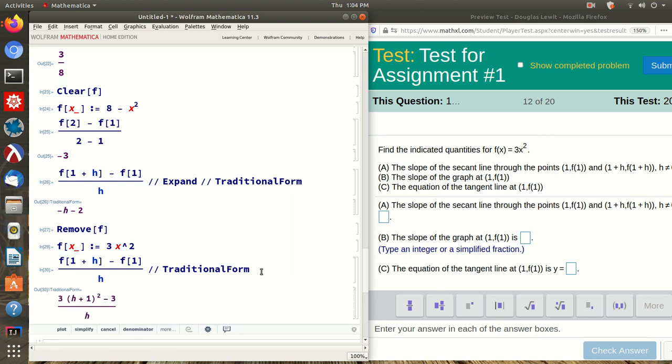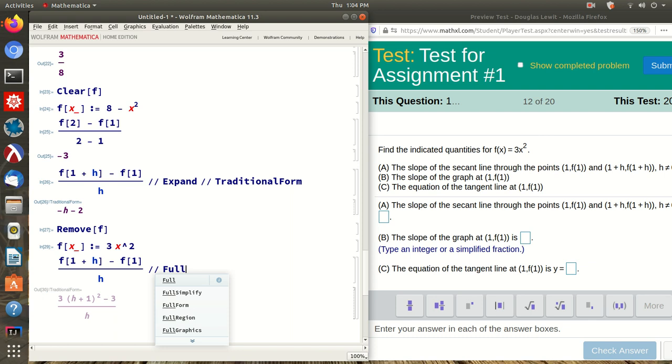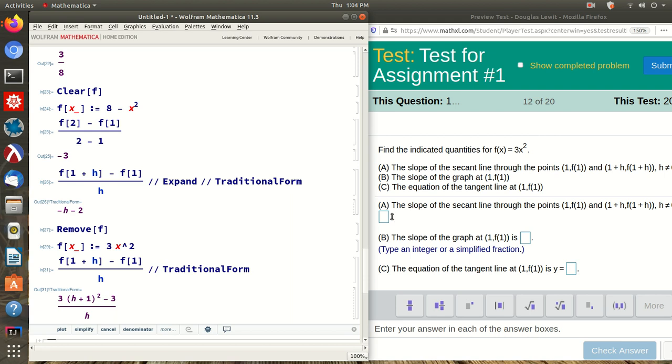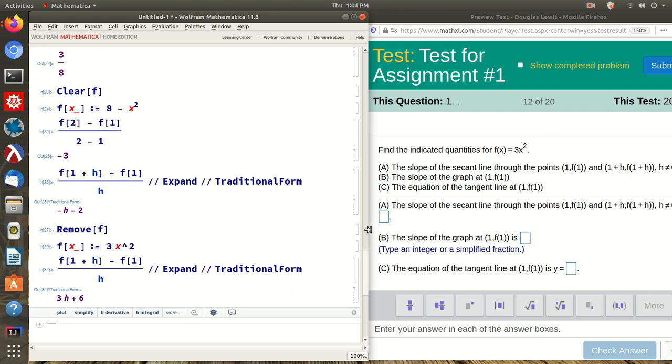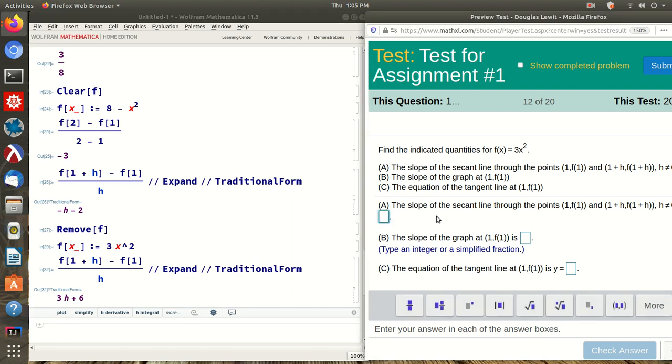Well, I'll just leave it as it is. Okay, so then actually, let me expand this. I think maybe that's what they would prefer. So this is actually 3h plus 6.